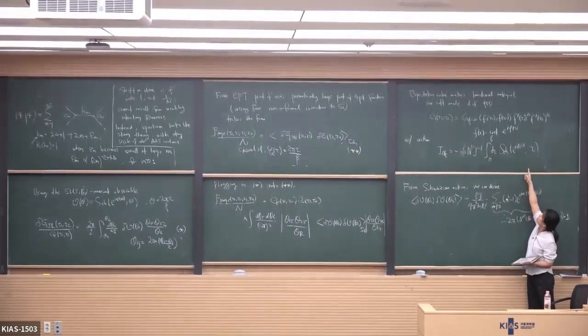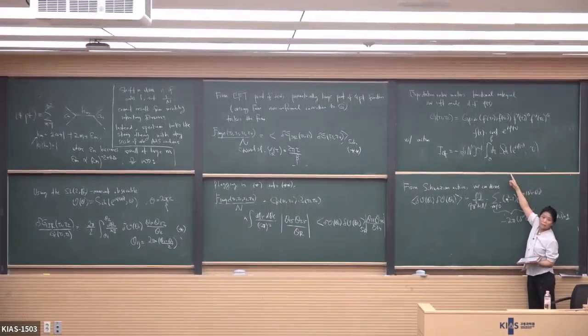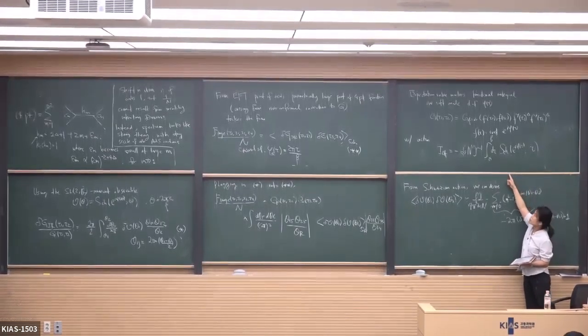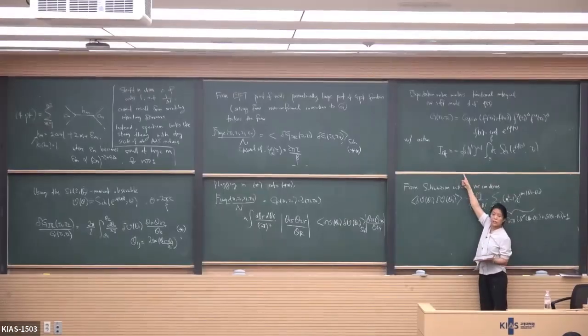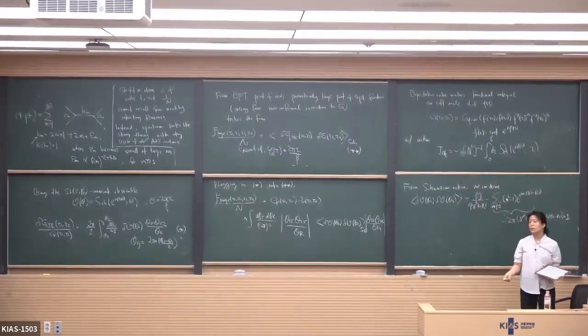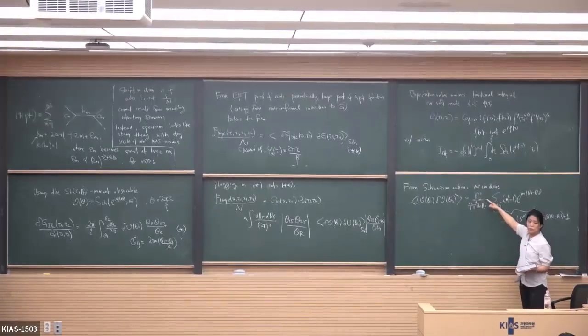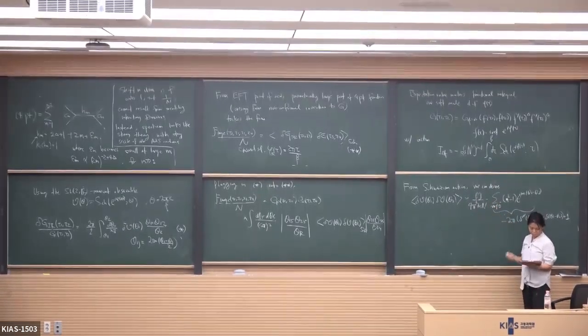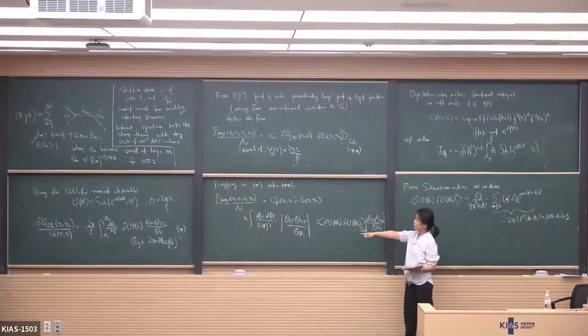So overall, this action is going to scale like 1 over beta. So the entire effective action scales like N over beta J, and that's why when you compute the propagator, you get the inverse of that factor, which is beta J over N. Okay. So plug in this propagator inside this integral here, and we are done.